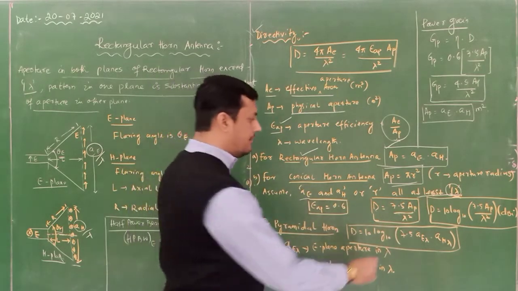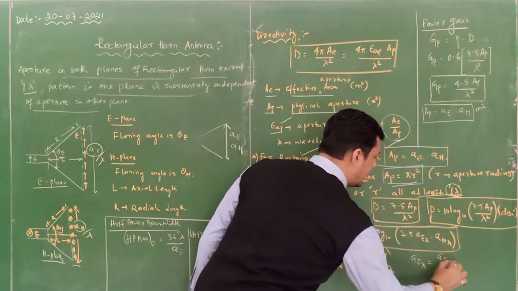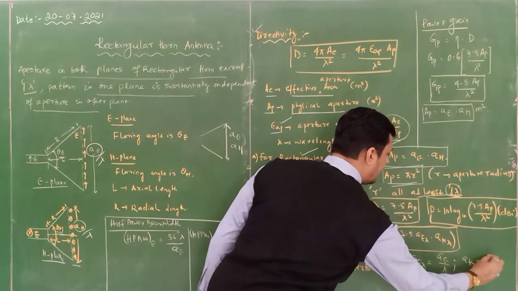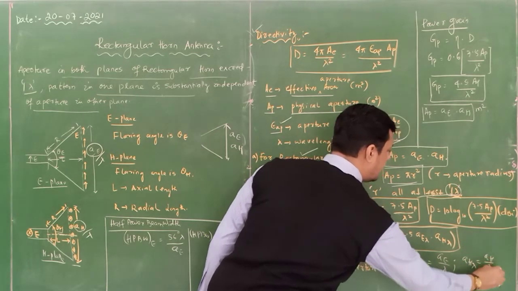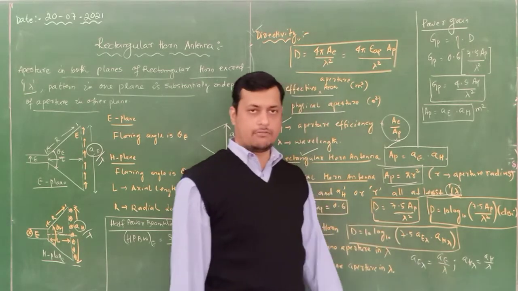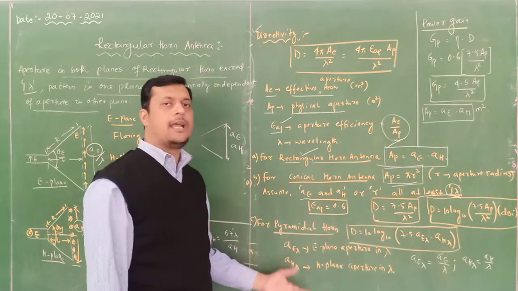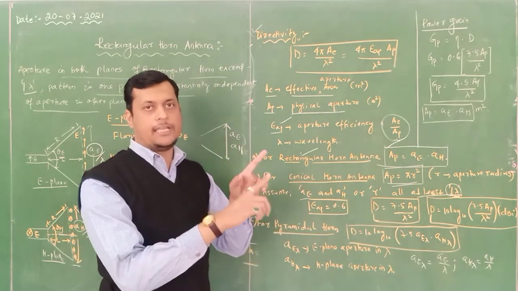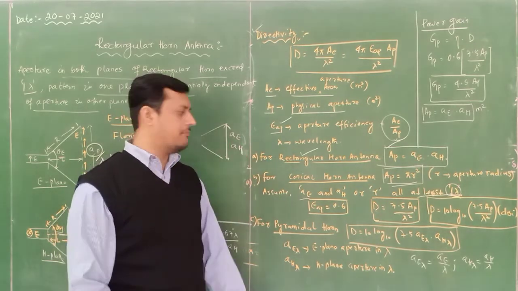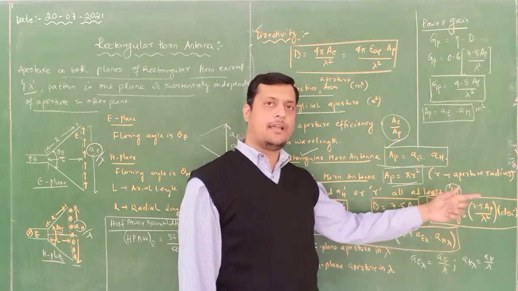But since it is pyramidal, it has two components, AE and AH, both.